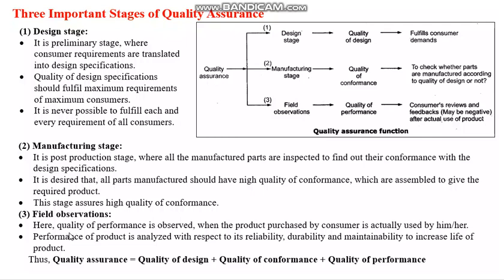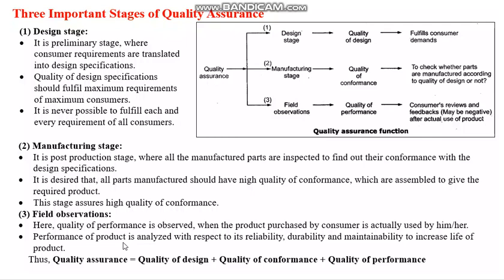Then the third stage is the field. In the field means in the hands of the consumer or in his usage. Here the quality of performance is observed when the product purchased by the consumer is actually used by the consumer. He is using it.